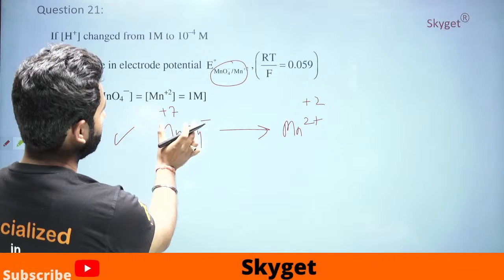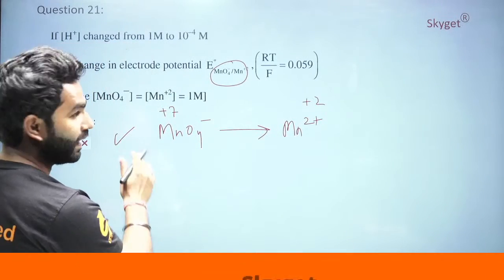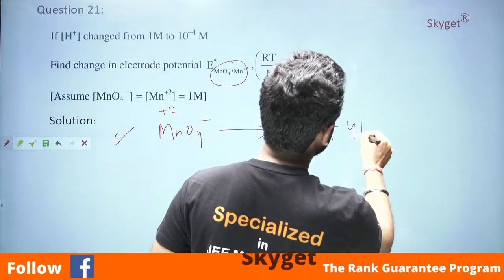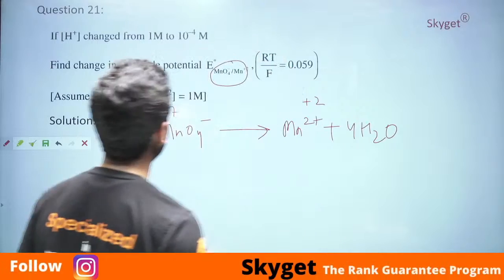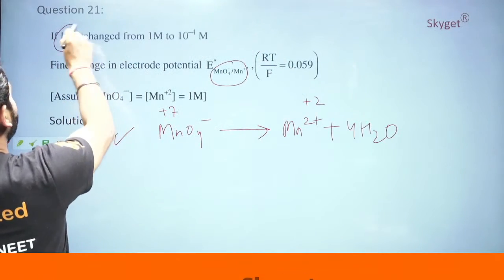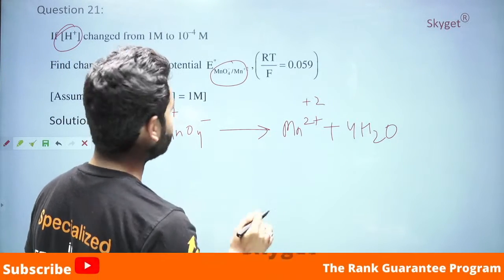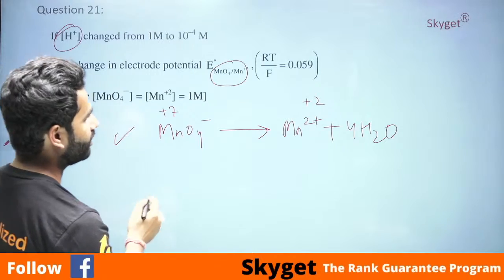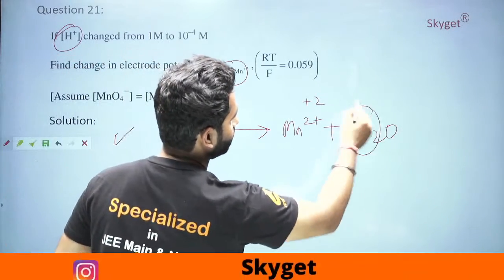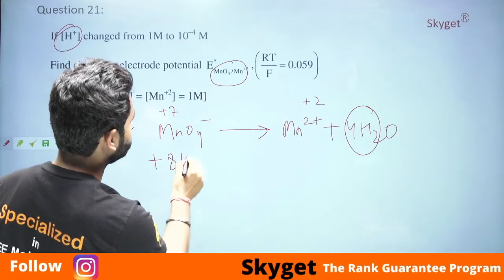Here manganese is balanced. Next step is to balance the oxygens. Here we have 4 oxygen, so we add 4 H2O. Now as the reaction is taking place in the acidic medium, we have H plus ions. So for balancing the H we add H plus ions. Here we have 8 H, so we add 8 H plus.